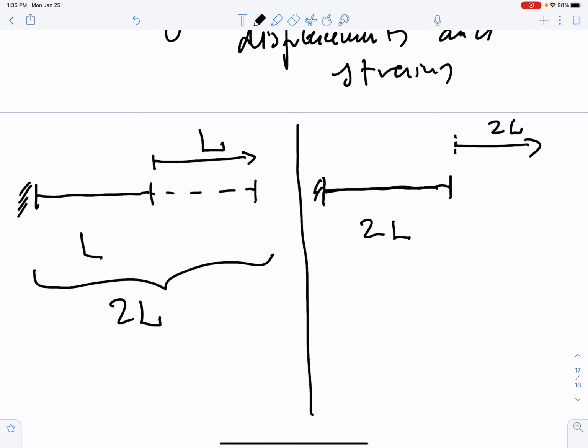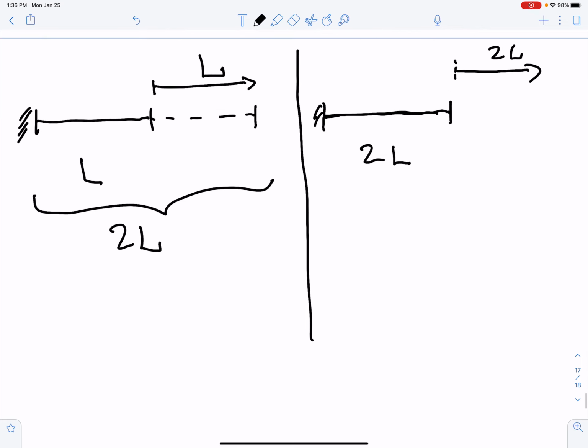And so in this case, as you've learned in your previous classes, if you look at the strain, what do you need? You want the new size, the deformed size, over the original size. So in this case, it becomes 2L over L, equals 2. L's cancel out.